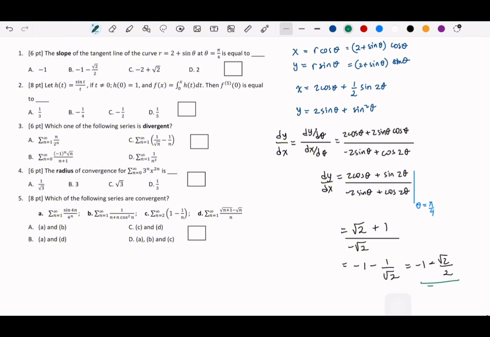So this is the result, which gives you B as the answer. Okay, that's for number 1.